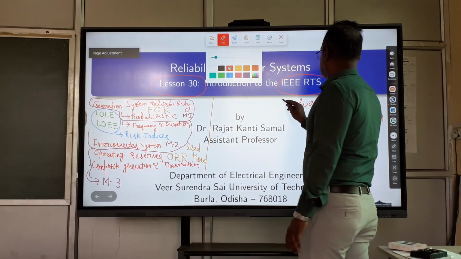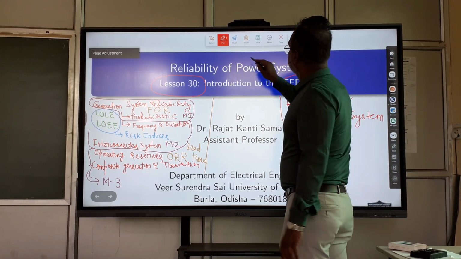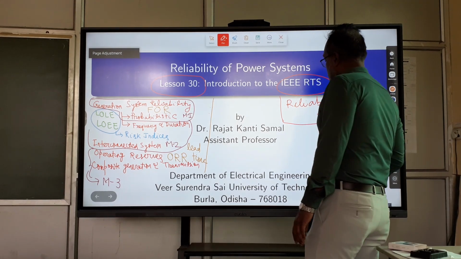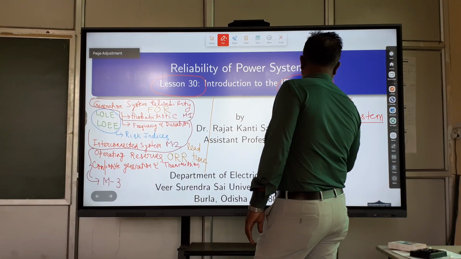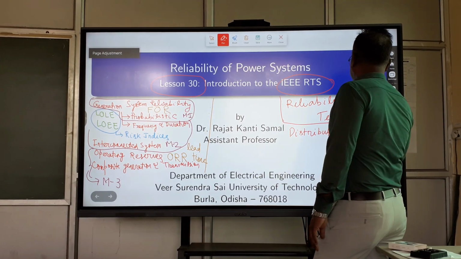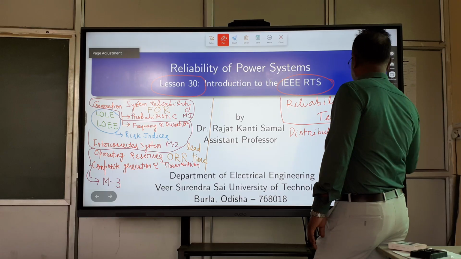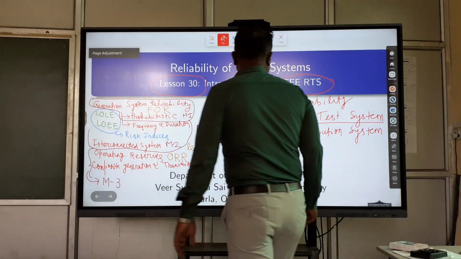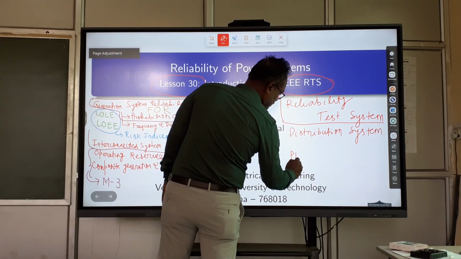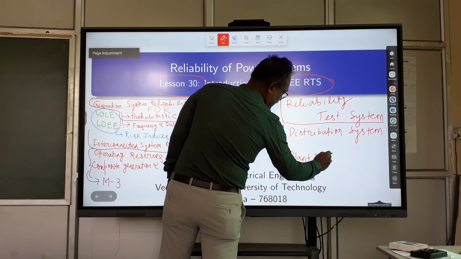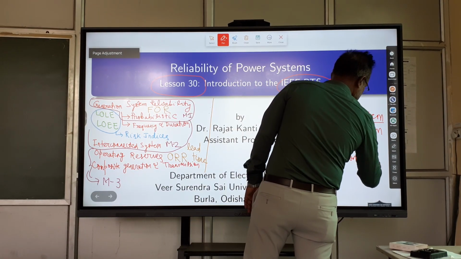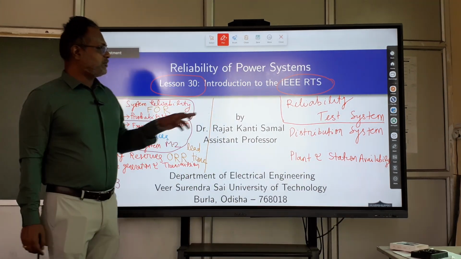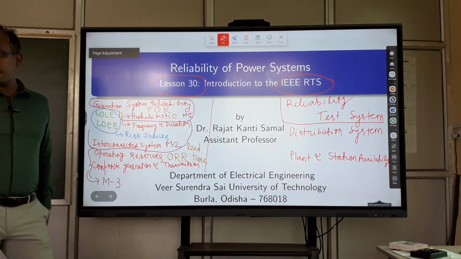Then model 5, we have decided plant and station availability. So distribution system reliability, plant and station availability, model 4 and 5 you can see.